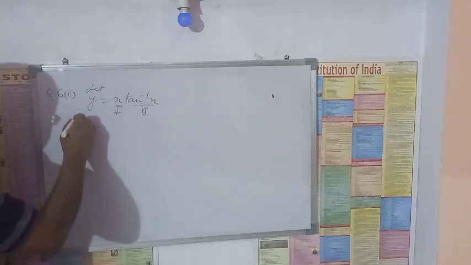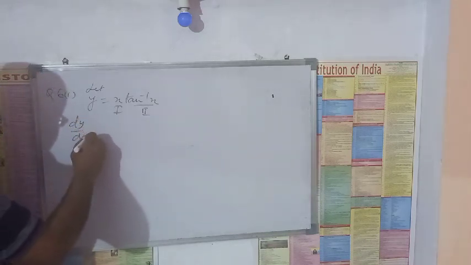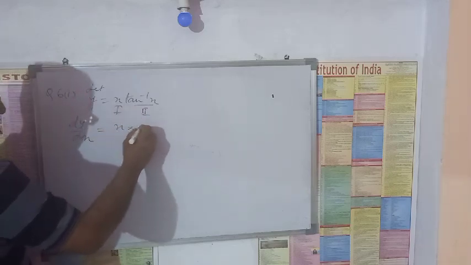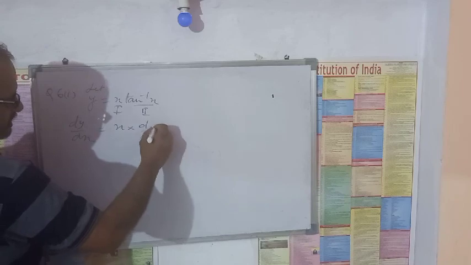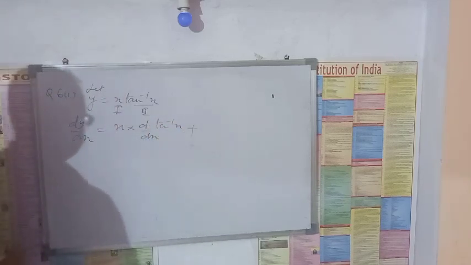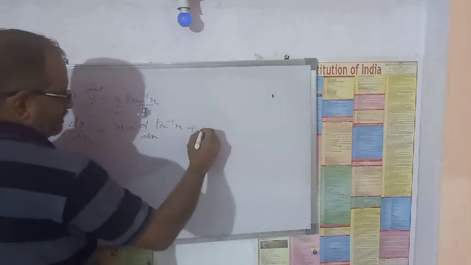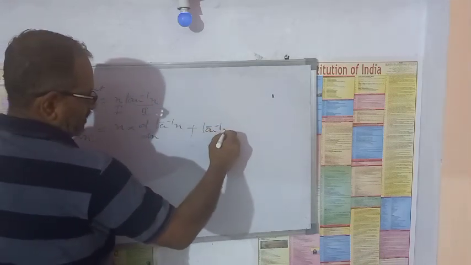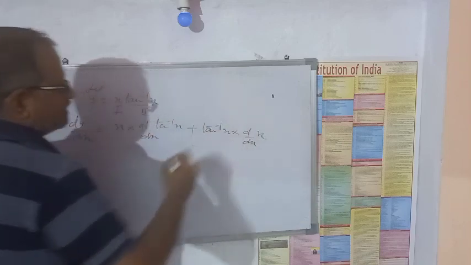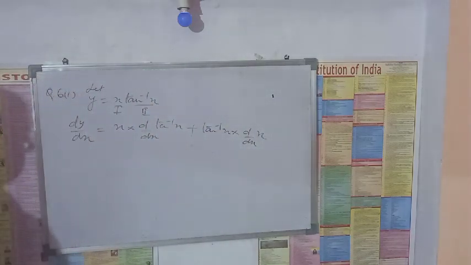So differentiate it, write dy by dx. What is the product rule? First function, that is x, into the derivative of the second function tan inverse x, plus the second function tan inverse x into the derivative of the first function, that is x.